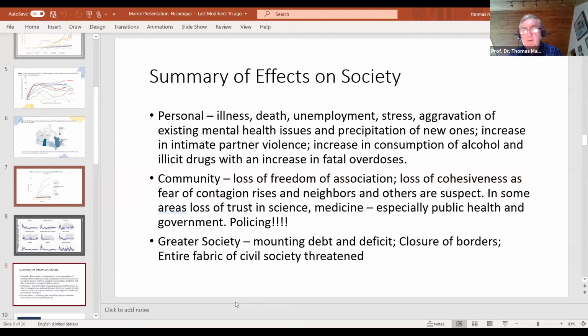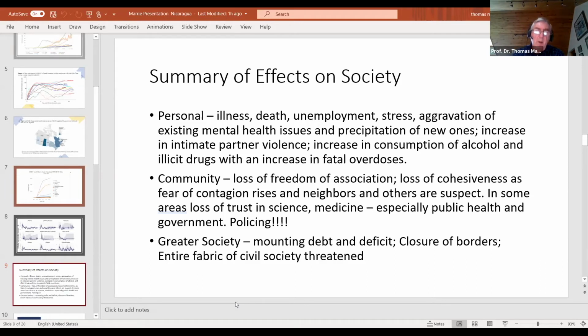So our neighbors are suspect, they may be spreading the disease. There's been, in some areas, loss of trust in science and medicine, especially in public health, and entire governments. Policing has also been suspect, and that varies from country to country.